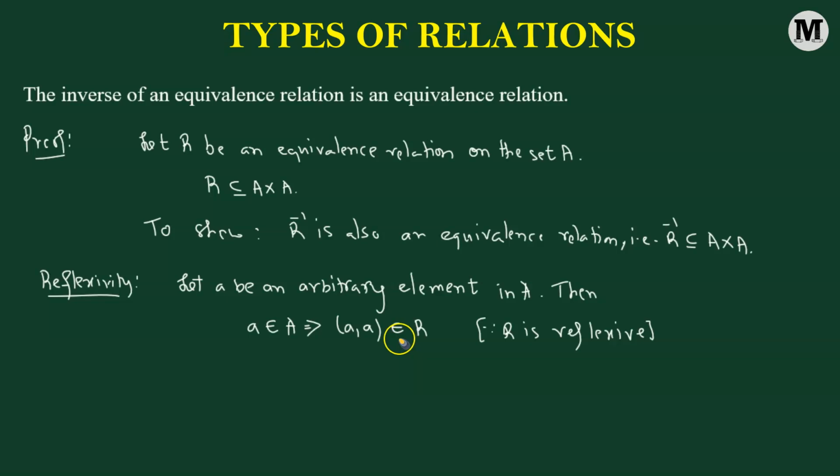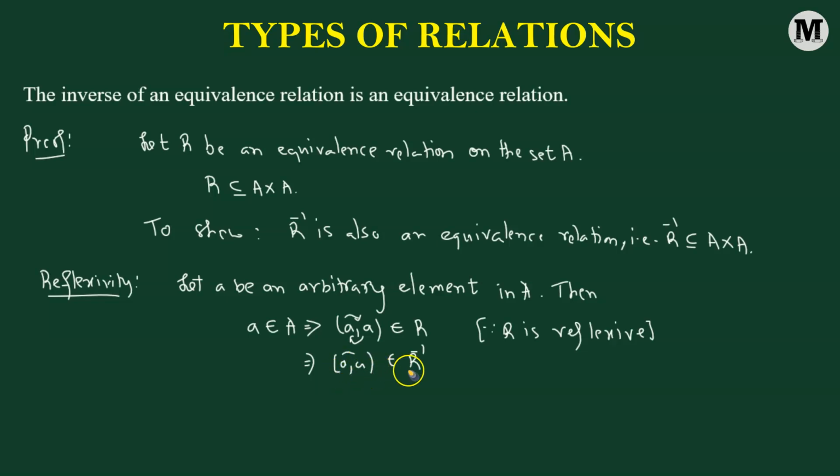Now, (a, a) belonging to R would imply that (a, a) must also belong to R inverse. All we have to do is, when we are defining the inverse of a relation, the elements within the ordered pair get interchanged. That again gives us (a, a).